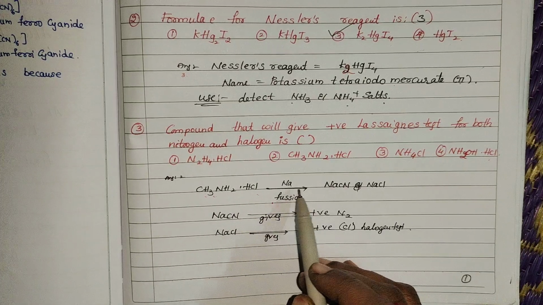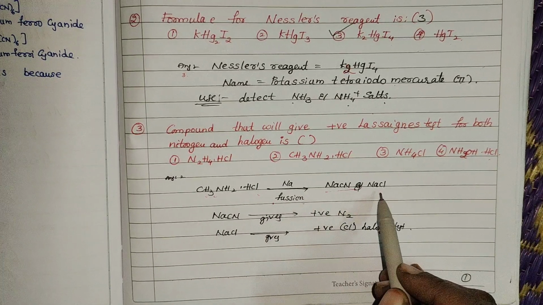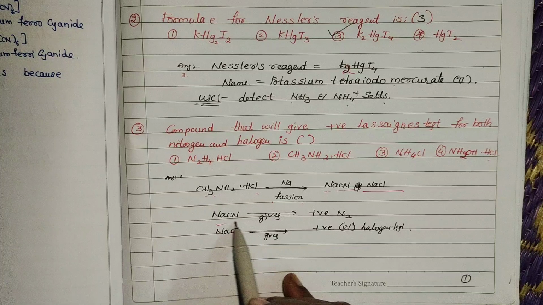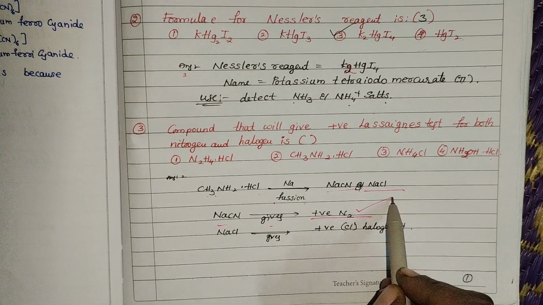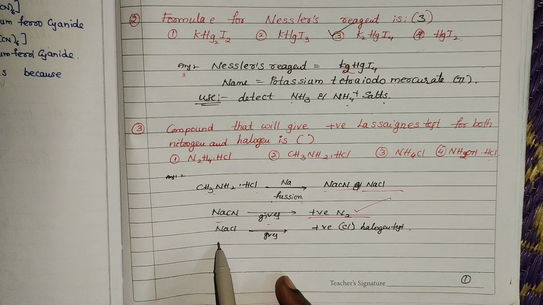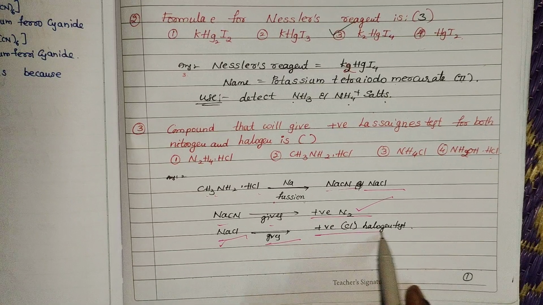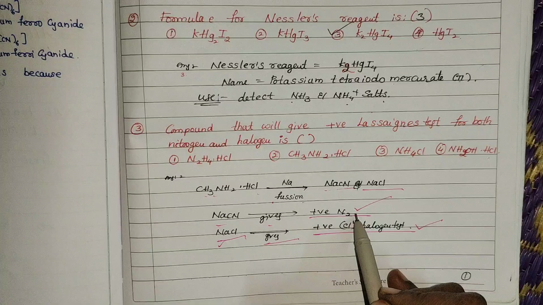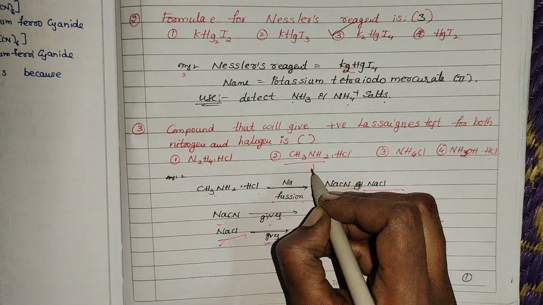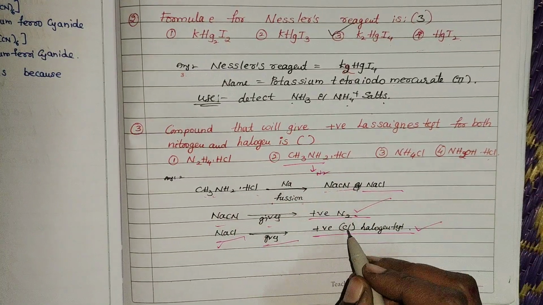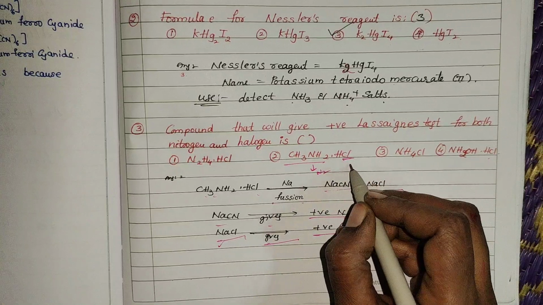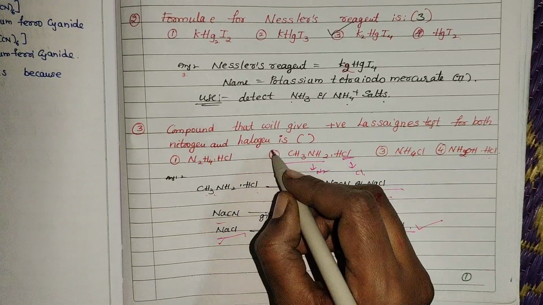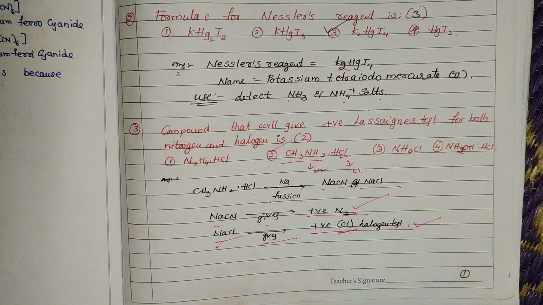Methylamine HCl on sodium fusion will give sodium cyanide and sodium chloride. This sodium cyanide gives the positive test for nitrogen, and sodium chloride gives the positive test for chlorine also. From this we may expect the nitrogen ion, and chloride also we may expect. So this is Cl minus. That is why option 2 is right.